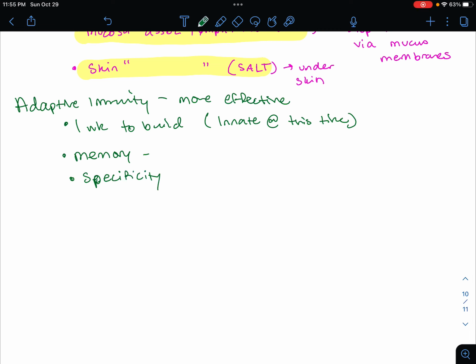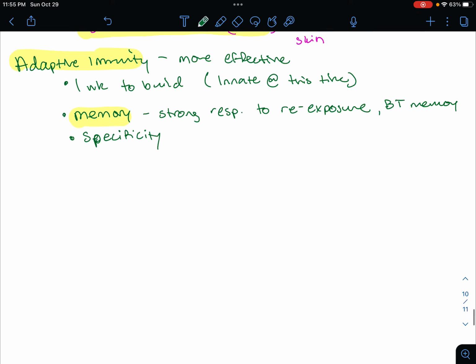Memory is this strong response to re-exposure. That's why vaccines are so important to get, because they allow you to use that adaptive memory, which is extremely powerful on the B and T memory cells as well, to prevent re-exposure.